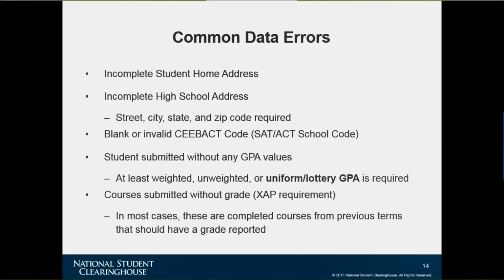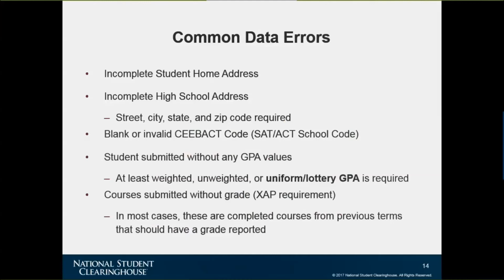The first being that we occasionally receive incomplete student home addresses, meaning that we're missing either city, state, zip, or street address, or any combination or all of those fields. And the same goes for your high school address. So make sure that your student addresses are complete within your student information system, and also make sure that your high school is properly configured with the address complete.